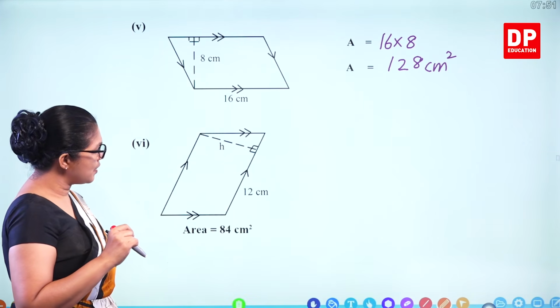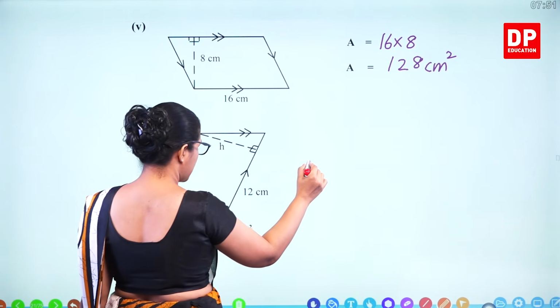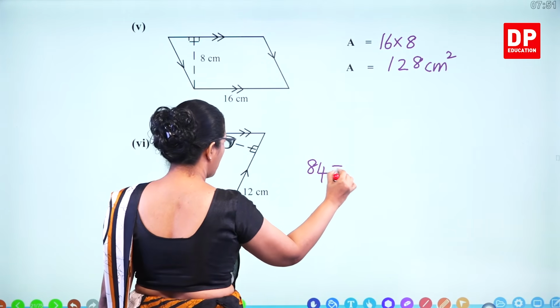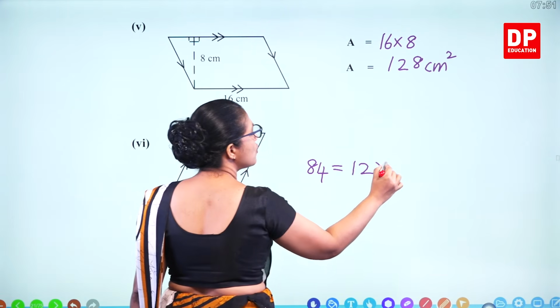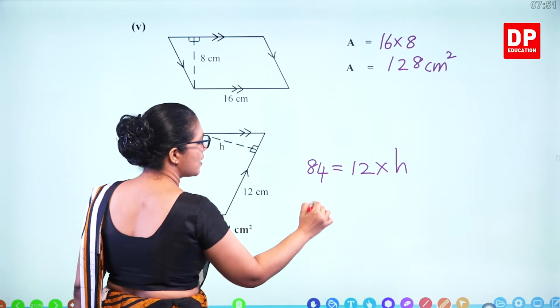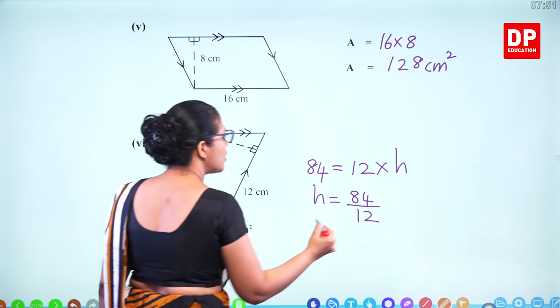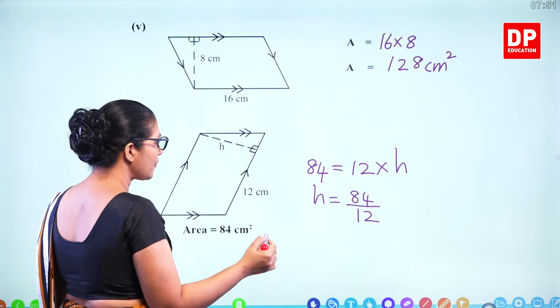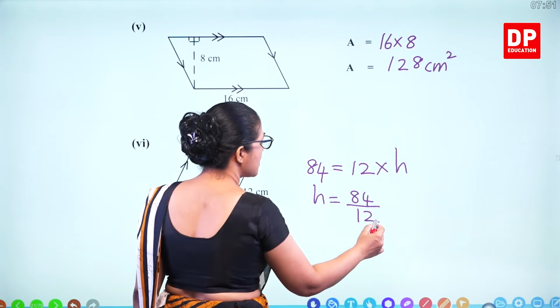Look at this one. Area is given, 84 square centimeters. So what's the perpendicular height? 84 is equal to 12, the base length, into perpendicular height. So what's the height? 84 divided by 12. So you get 7.